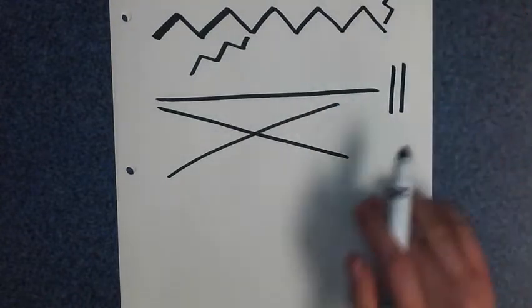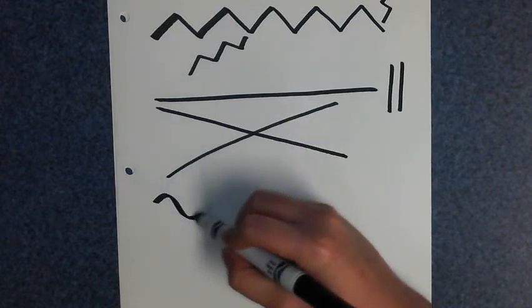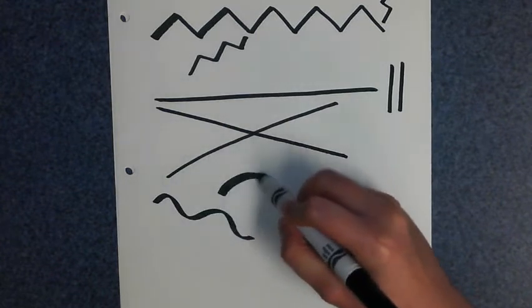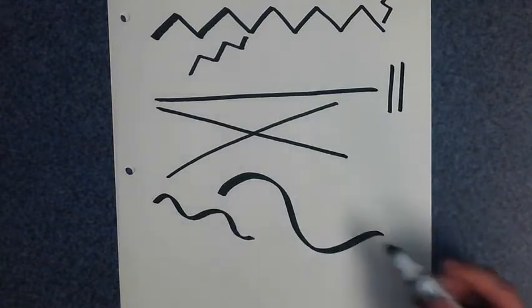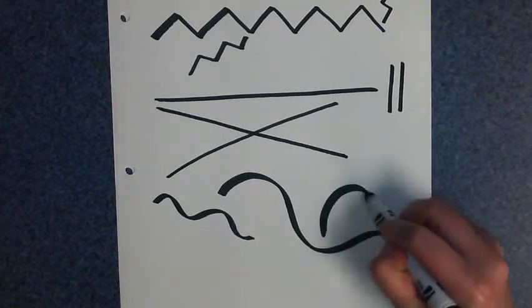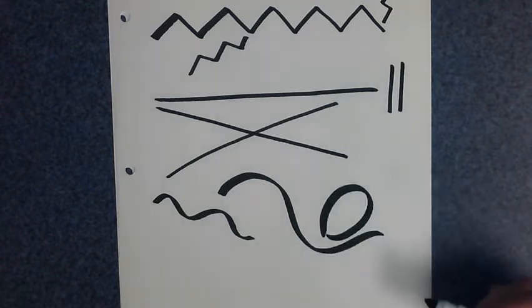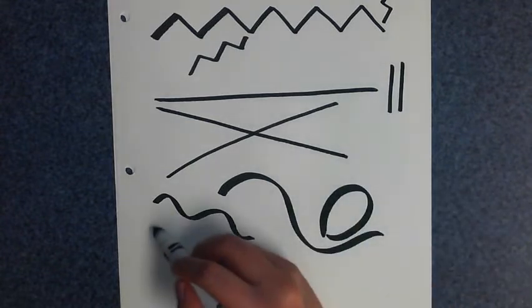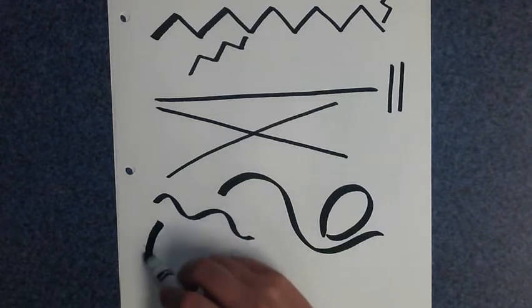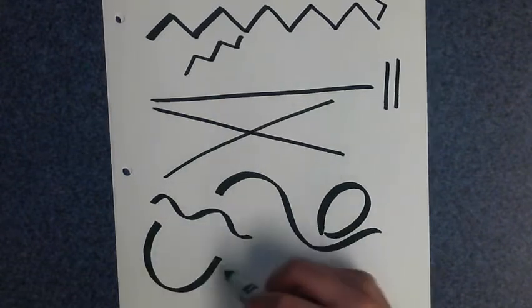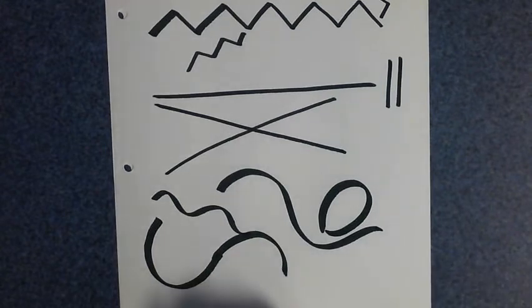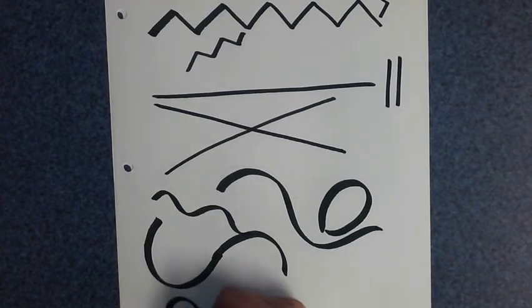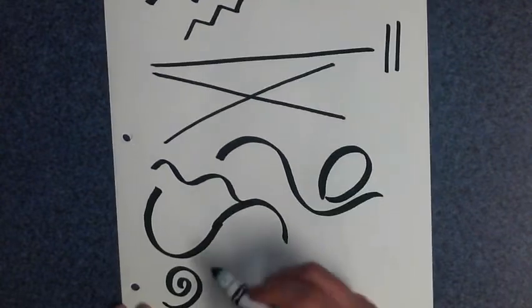Zigzags, straight lines. He drew curves. Could be wide or thin. They could almost make a circle. So some curvy lines are not straight. They're not zigzags. Kind of like an S. And he drew some spirals, some curlies, curly cues.